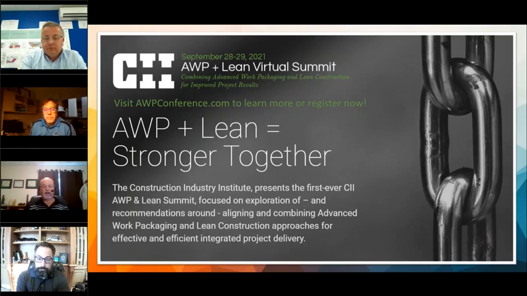There's going to be a lot of information that we'll be providing there about not only what each of the 2 approaches are, but more importantly, how you can use them together to get even better results. And so we think this is going to be a great event, and we really encourage you to register for it.